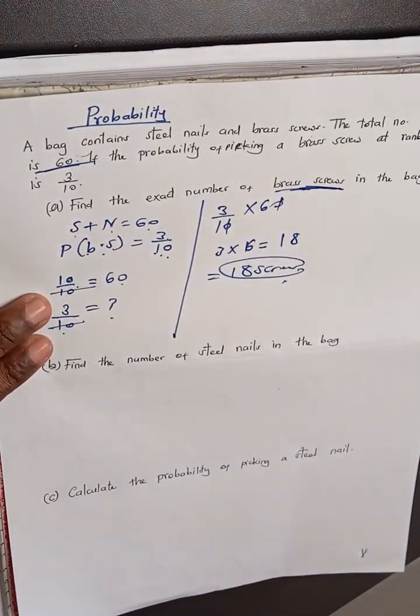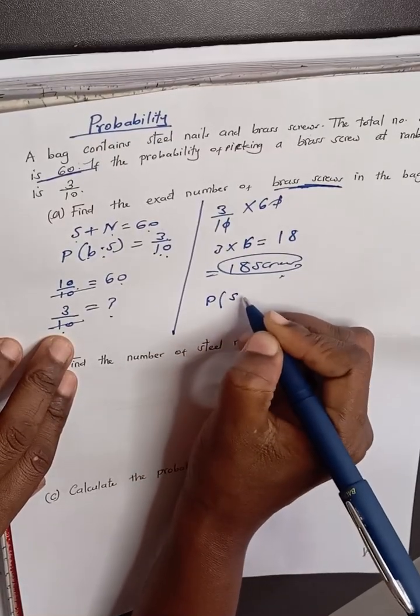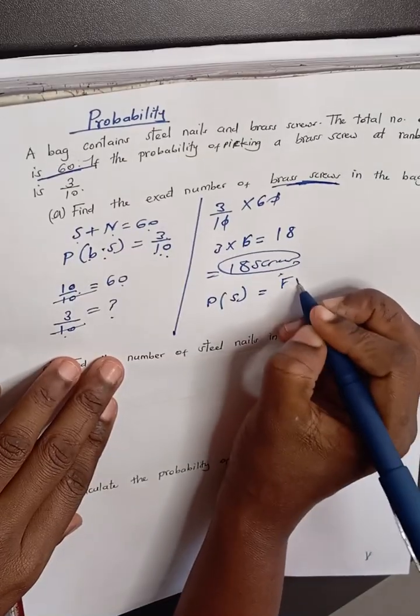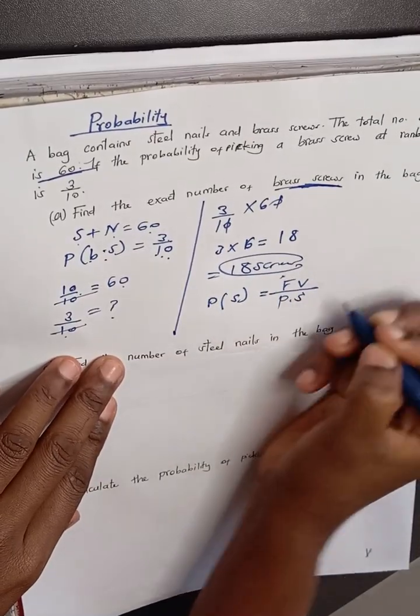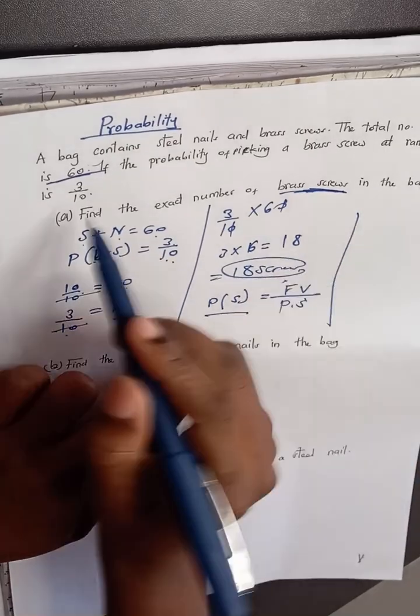Or you can say the probability of getting screws is equal to favorable outcomes over possible outcomes. Now we know the probability of getting screws is 3/10.